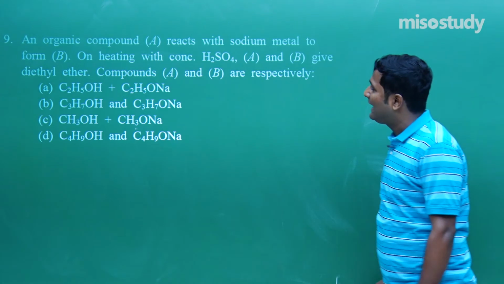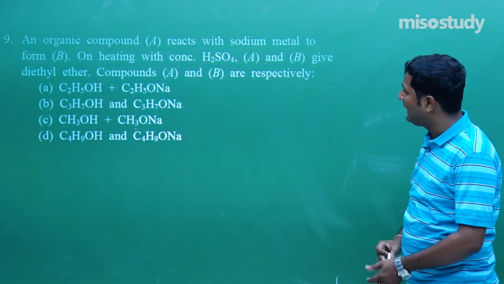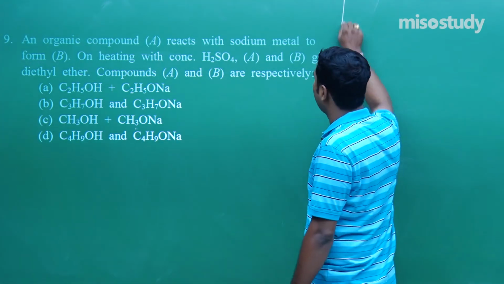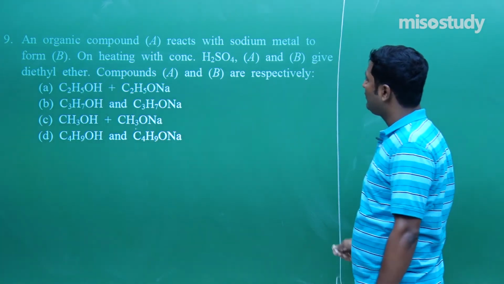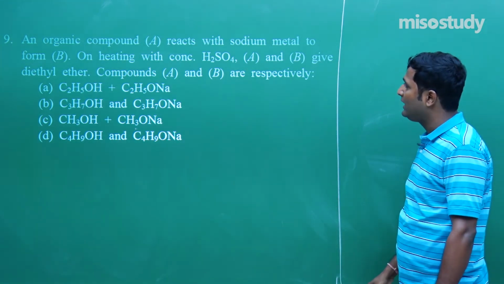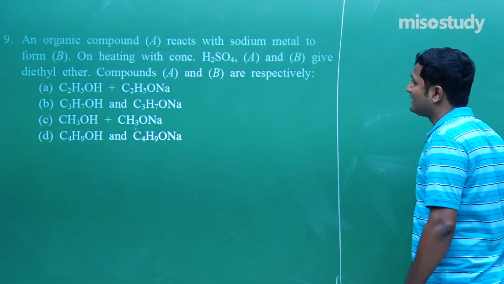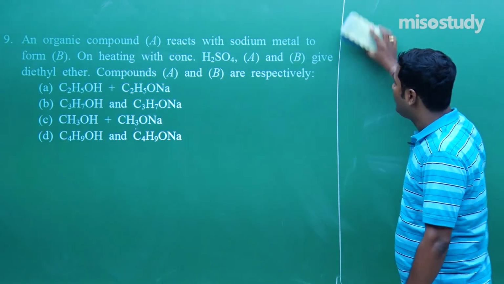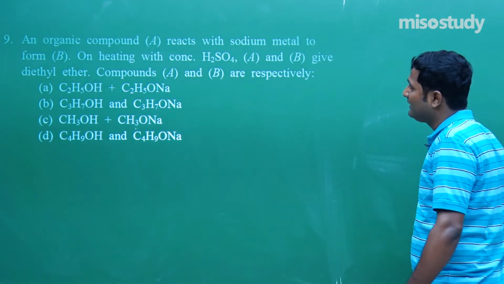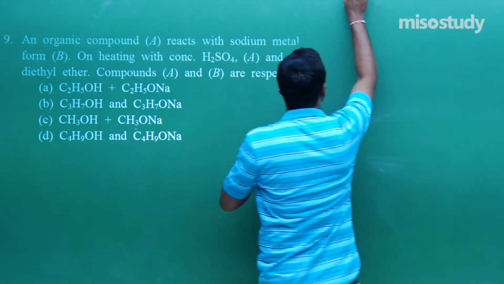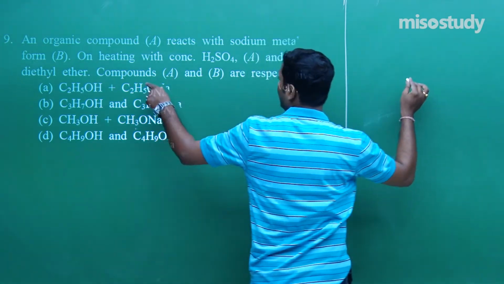Question number 9. An organic compound A reacts with sodium metal to form B. On heating with concentrated H2SO4, A and B give diethyl ether. Compound A and B are definitely, first of all, check the first option.